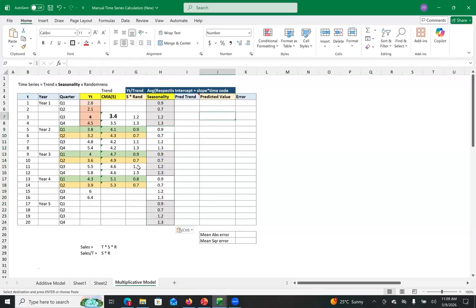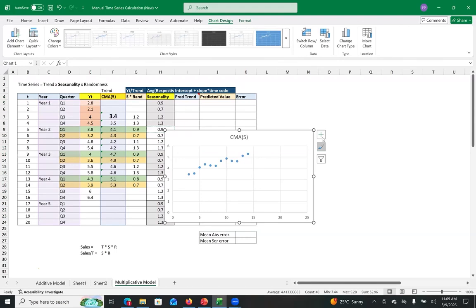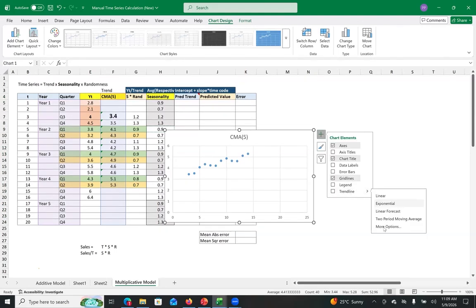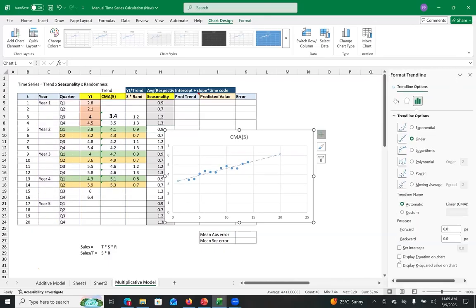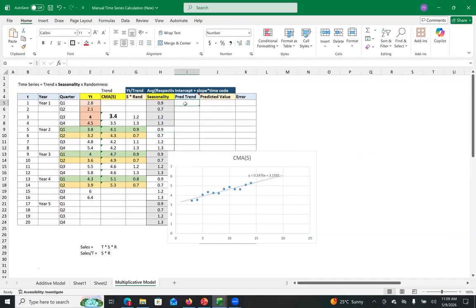Okay. The same way I will be calculating the trend component as well. So I'll just select this and the CMA5, go to insert, and here I will add the trend component. I think it is the same one, 0.1476 multiplied by x plus 3.